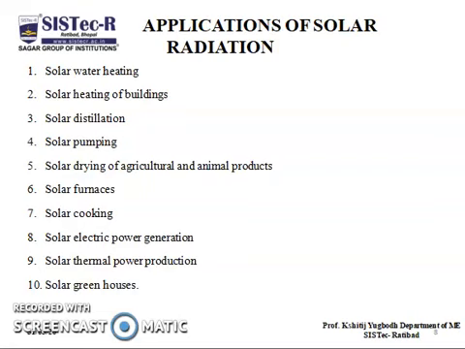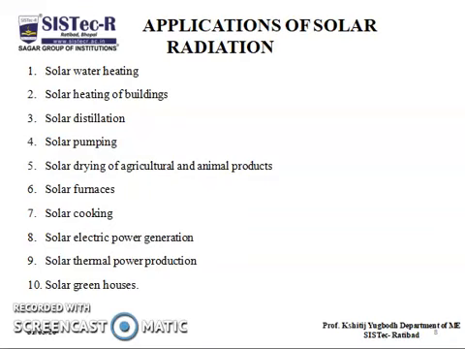The third is solar distillation. We can use the solar radiations for distillation purpose as well. Solar pumping. So solar pumping is another important application of the solar radiations which are used nowadays. The next is solar drying of agriculture and animal products.